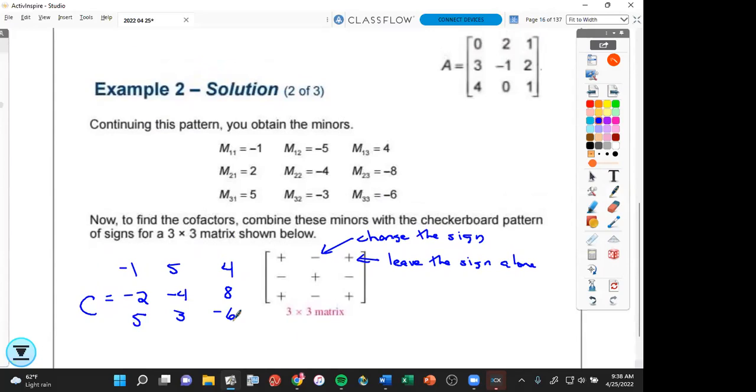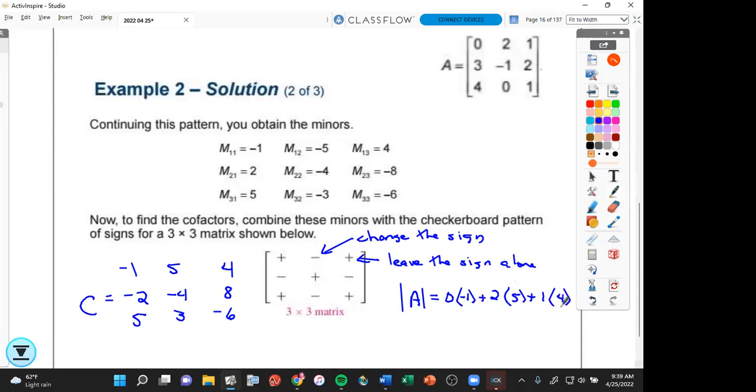I want to take this value, so the determinant of A is equal to 0 times -1 plus 2 times 5 plus 1 times 4.